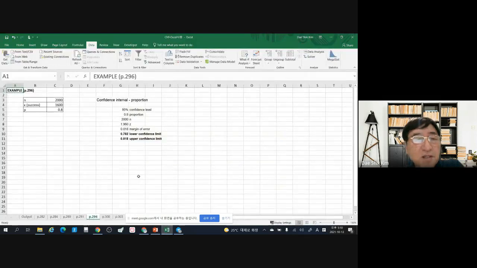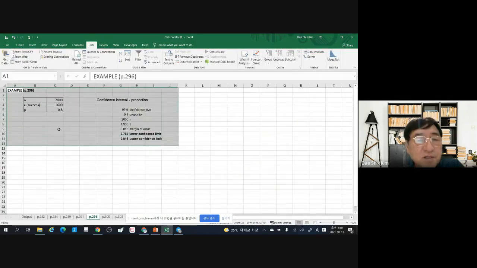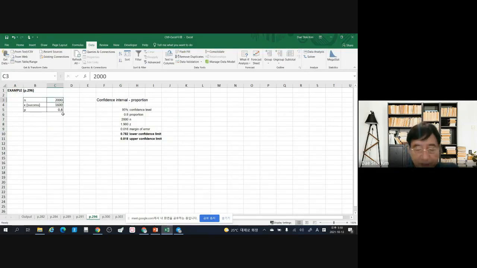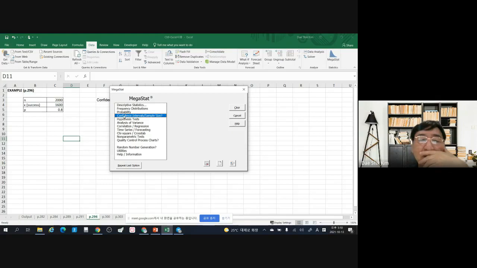Same thing on page 296. The sample size is 2,000, and the number of successes is 1,600, so dividing gives 0.8. I want to know the confidence interval.